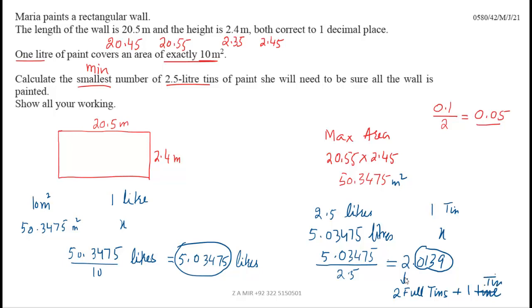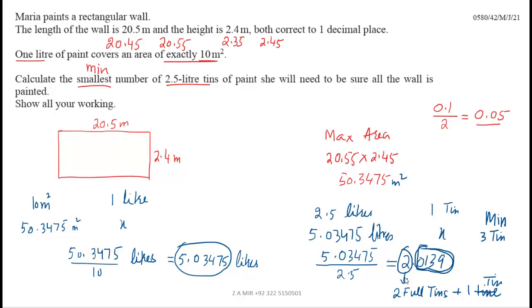Understand? So we need 3 tins, 2 full, and a portion of the third. So actually we need a minimum of 3 tins. If you buy 4 tins, that is okay, but we need 3 tins to paint all of the wall.